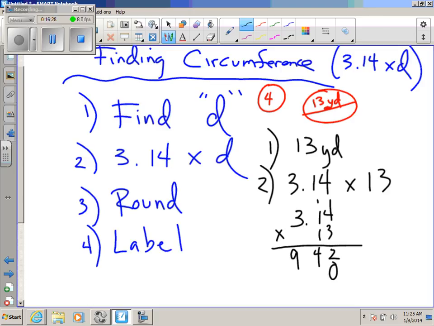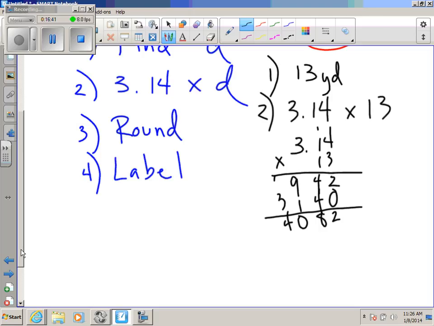Drop the 0. 4, 1, 3. 2, 8, 10, 4. With how many decimals? 2 gives us 40.82. Okay. Step 3, round. Here's my 100th place. Is there anything after which I rounded to? So my final answer for number 4 is 40.82 yards.